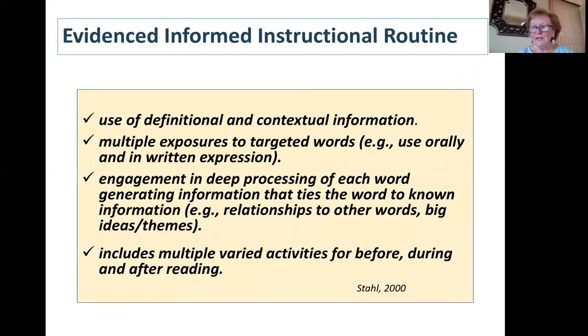All right. The second part of the routine had everything to do with practice. The processing and practice piece. And so here it has to do with providing multiple exposures, distributed practice for students, time after as well as time a week from now and maybe even later.